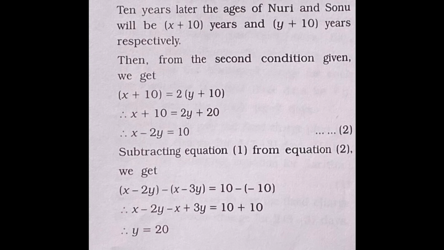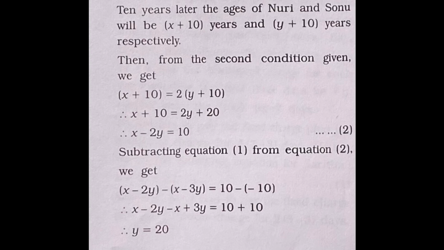So according to the second condition, after 10 years the age of Nuri will be twice the age of Sonu, which means that after 10 years the age of Nuri is equal to 2 into the age of Sonu. That is x plus 10 is equal to 2 into y plus 10. So we get x plus 10 is equal to 2y plus 20, which means that x minus 2y is equal to 10, which is our second equation.